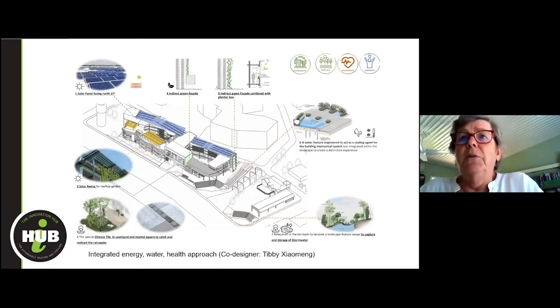This design by our co-designer Tibby is also looking at an integrated approach, and again it was a multi-generational living situation, but looking at the integration of energy, water and health approaches. Not untypical, you see solar panels on your roof and solar shading, etc., but incorporating the vertical greening systems that the previous student, Zia, had looked at, but also looking at the use of water as a cooling agent to the mechanical systems.